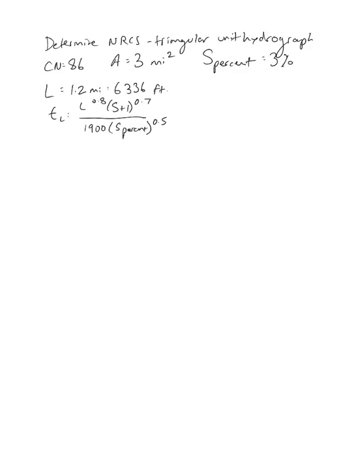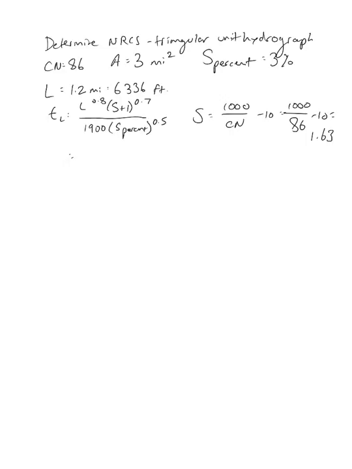We know L was given to us. We know the slope in percent, but we need to calculate S, which, remember, is 1,000 divided by the curve number, minus 10, which is 1,000 divided by 86, minus 10, or 1.63.